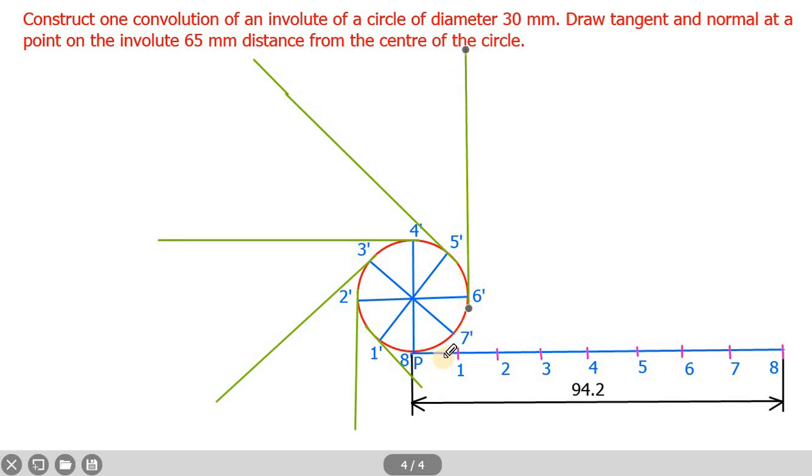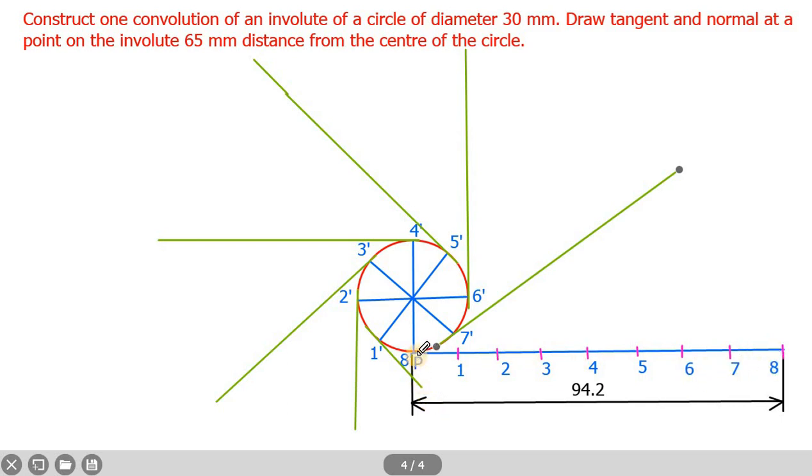The 8 dash line we have already drawn. Similarly through 7 dash, the length you can decide approximately. After that we can fix the length. Similarly from 8, that is 8 dash, draw a tangent line, which we have already drawn.